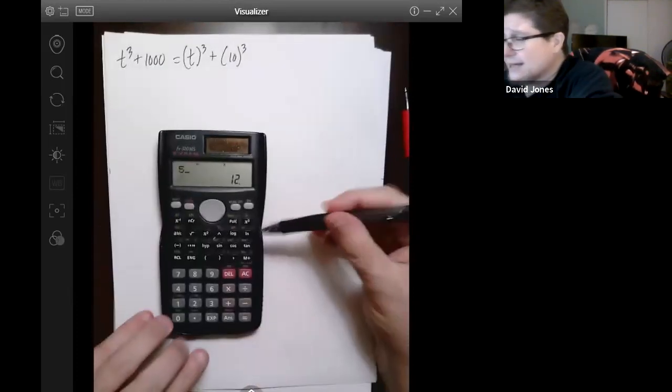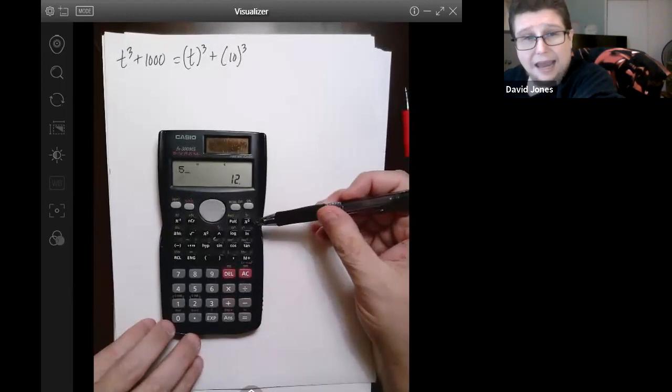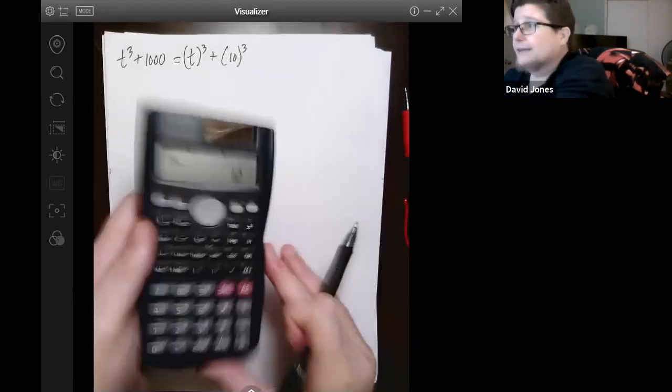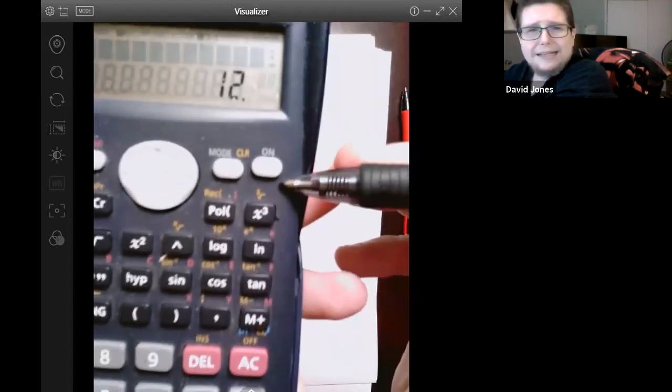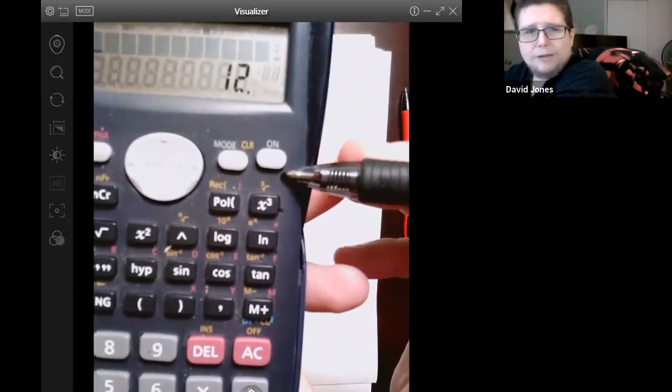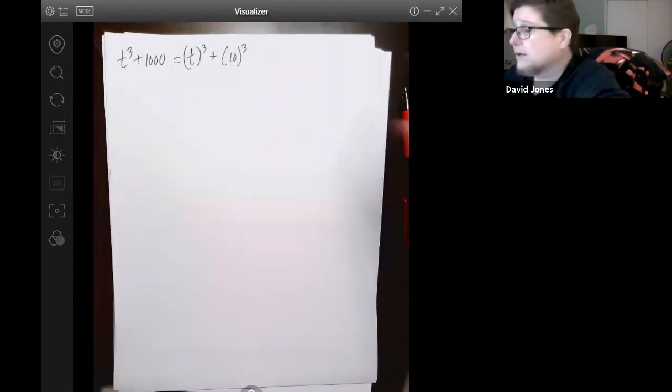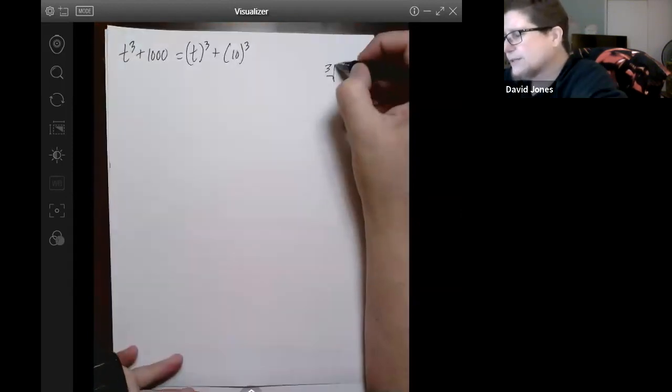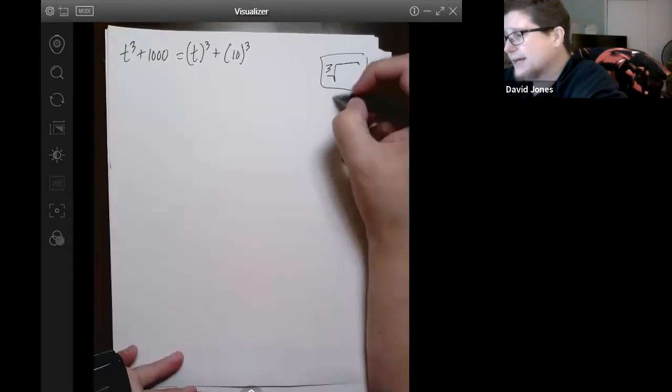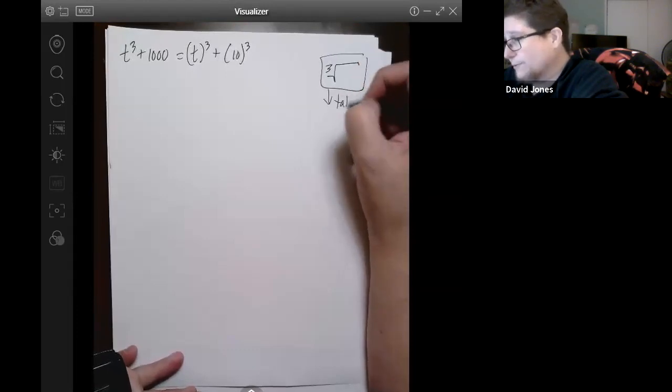My calculator has an x cubed, and I don't know if you can see it. Let me see if I can get it close enough. Right above it, it says 3 with the square root symbol. That button means take cube root.